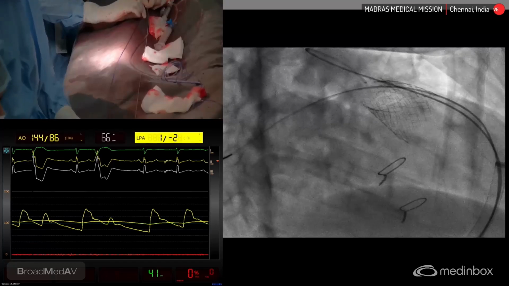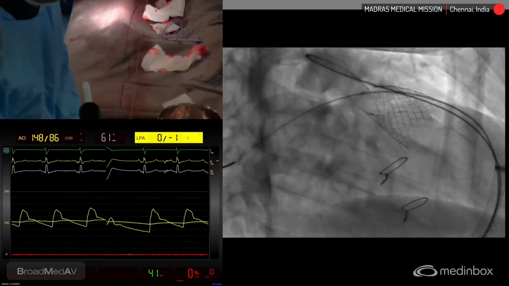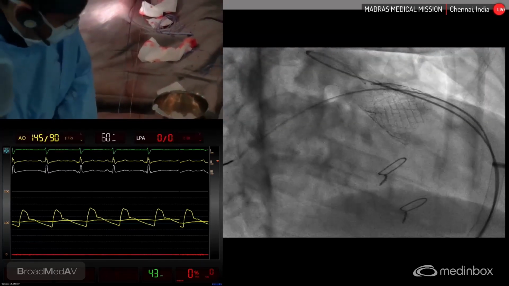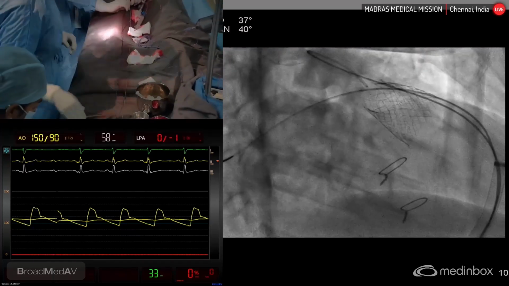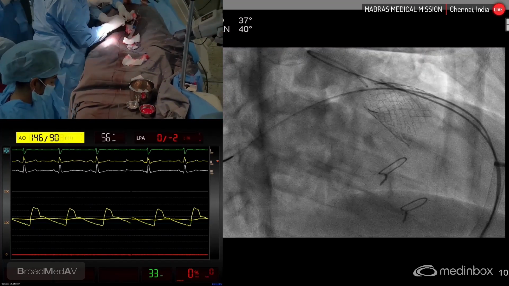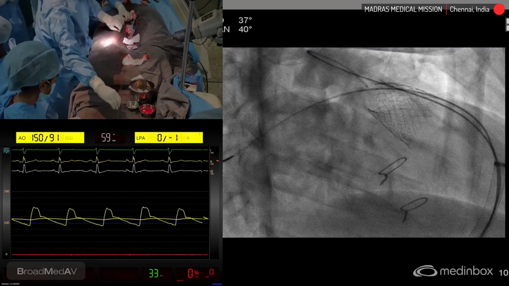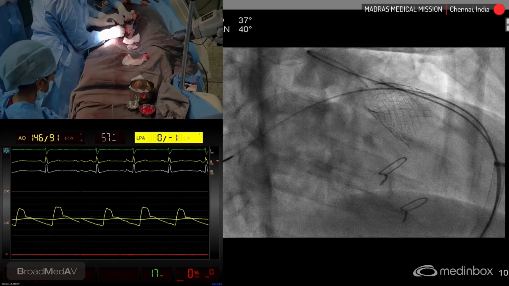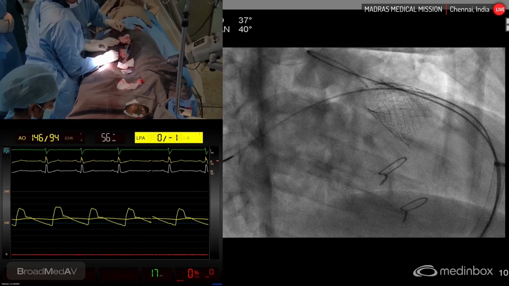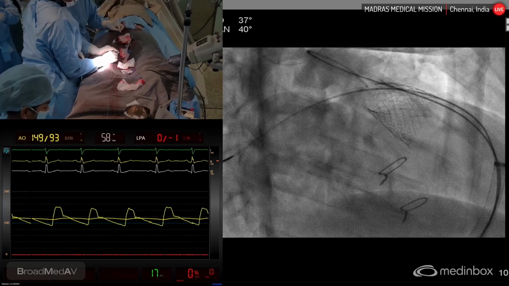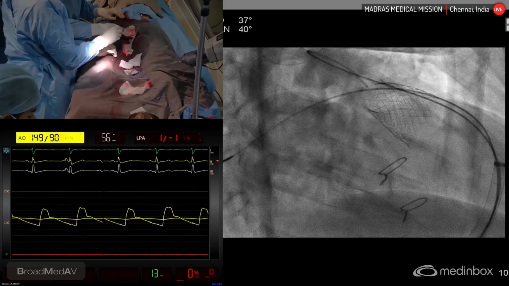18 Atlas Gold. Again at this point, we're going to loosen the tension on the, just hold here, so that we make one check angiogram.